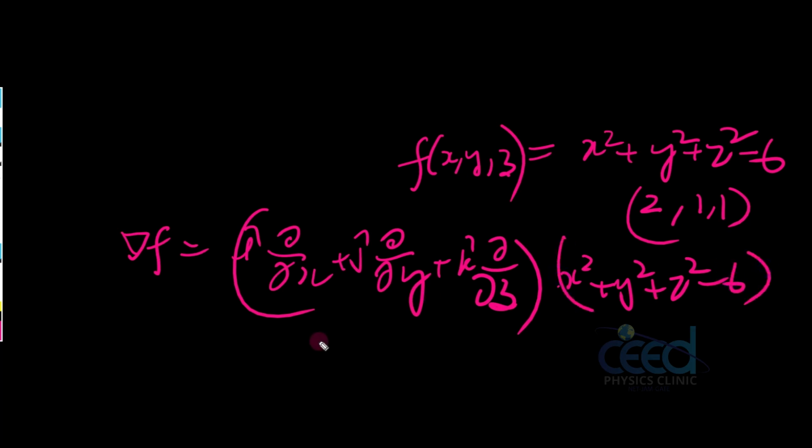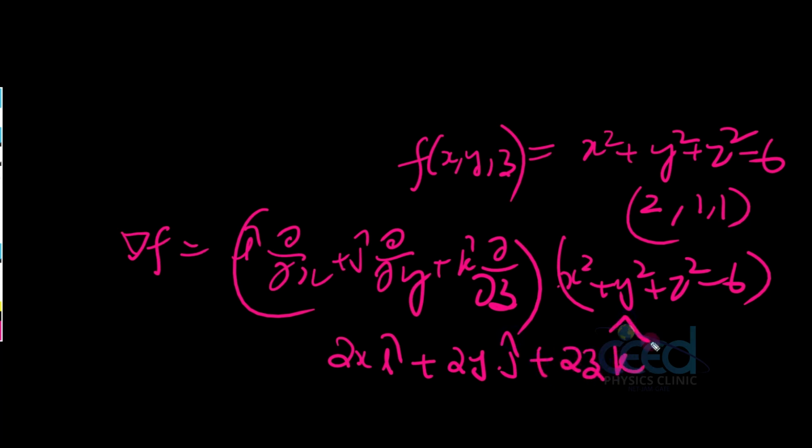So when you differentiate, x square gives 2x i cap plus 2y j cap plus 2z k cap, right? And at the point 2, 1, 1, you can substitute, that is 4i cap plus 2j cap plus 2k cap. So this is the del f.